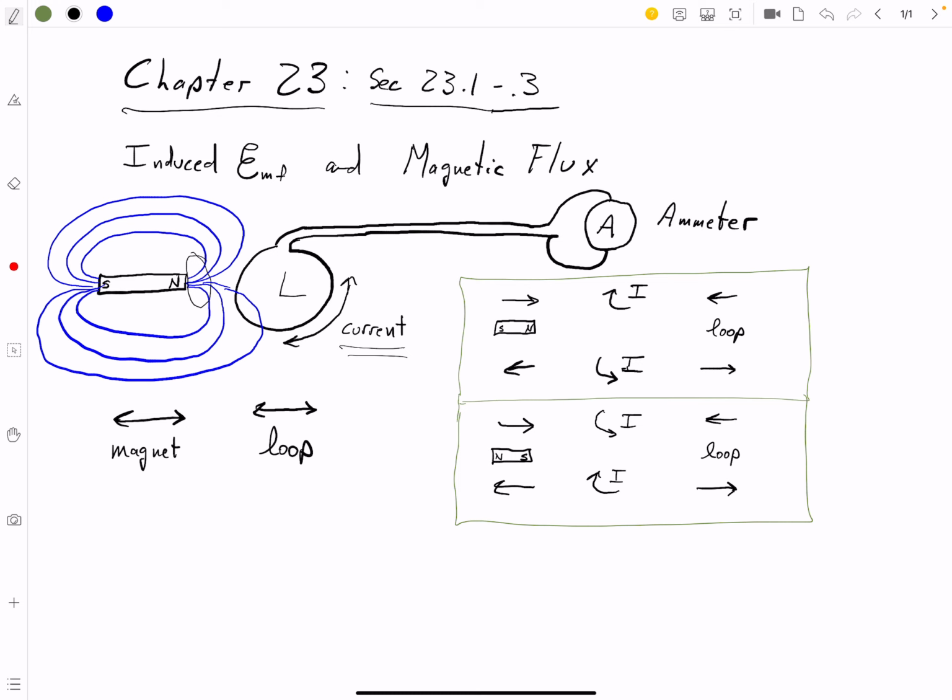So we want a current to be generated through this loop, and we are measuring the whole thing over here with our ammeter in the circuit.